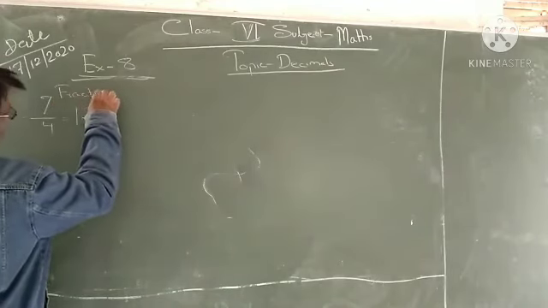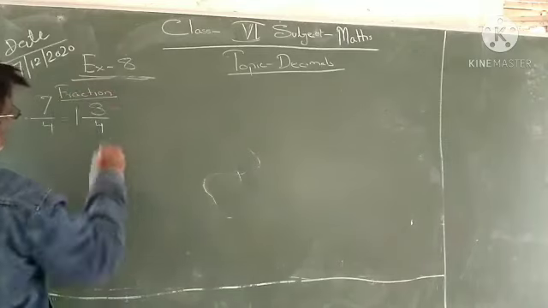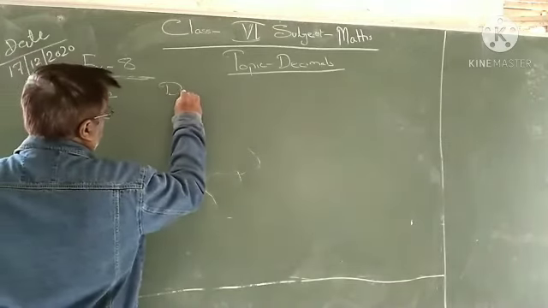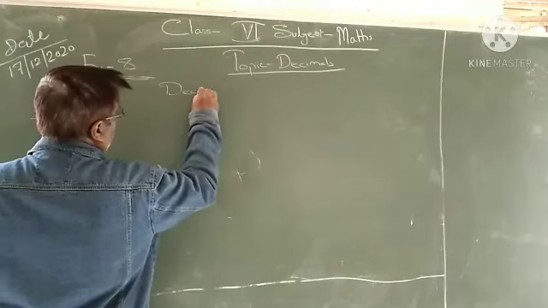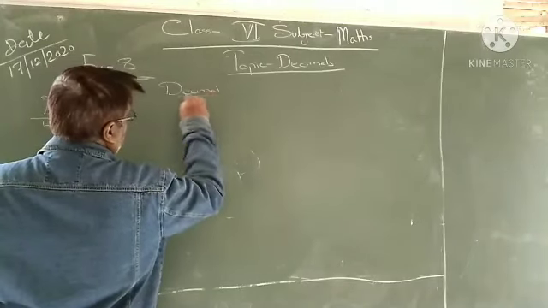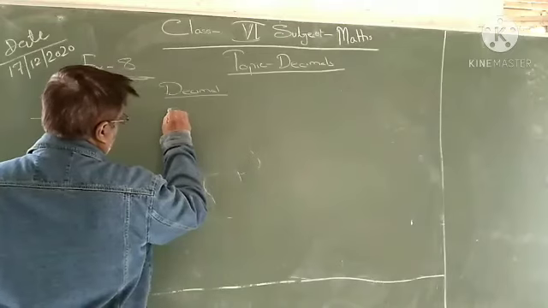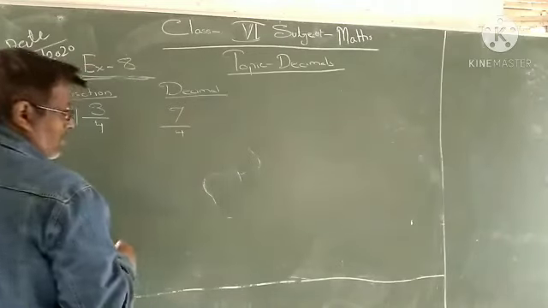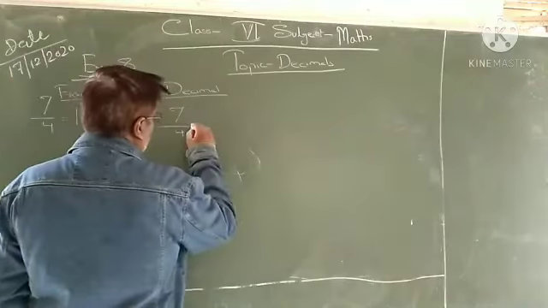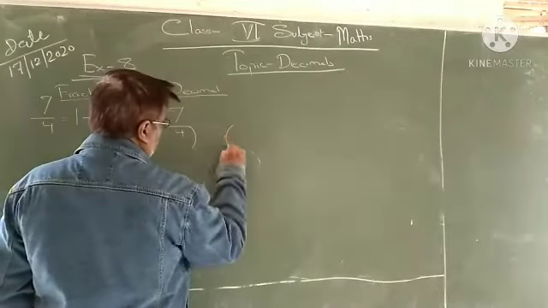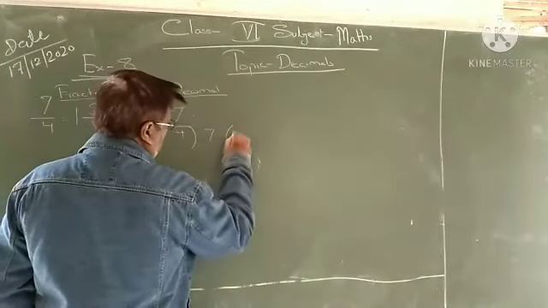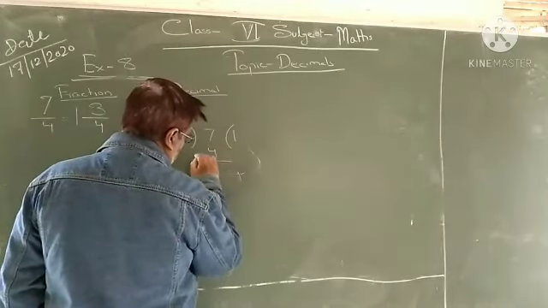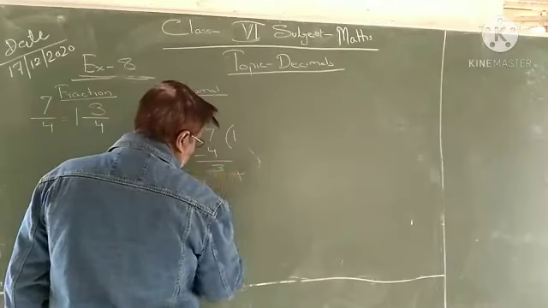However, in decimals, we will take it to the nearest point. Suppose you have 7/4. We will divide 7 by 4, so it comes as 1, and the remainder is 3.